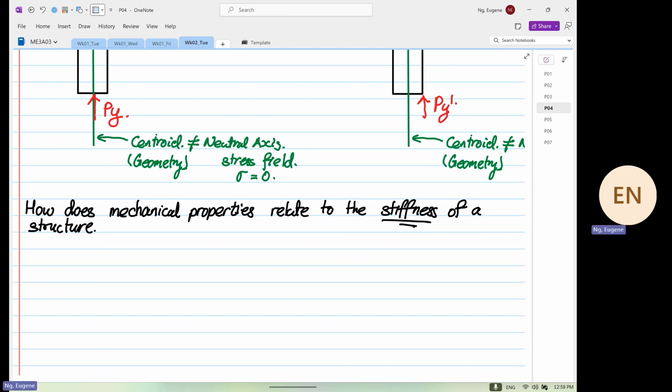A lot of times when I carry out this demonstration, the audience will say this paper is not able to hold this pencil case. It's because there is not enough what?